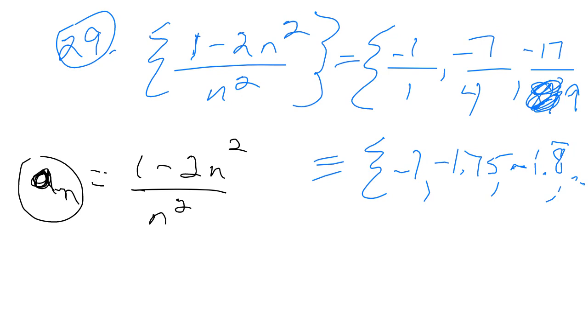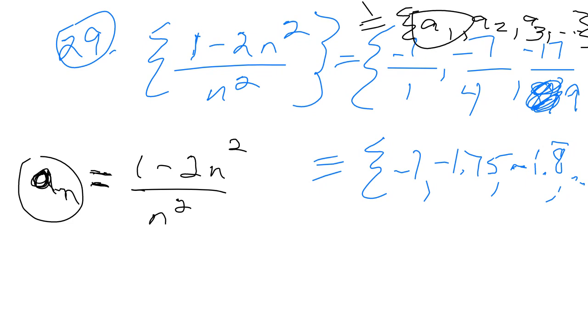I was using words, but that is the value. So we write this out as a sequence: a sub 1, a sub 2, a sub 3, etc. That's the value of the first term, second term, third term. I was calling the value of the first term a earlier, but we could have also called it a sub 1 to match up with this book.